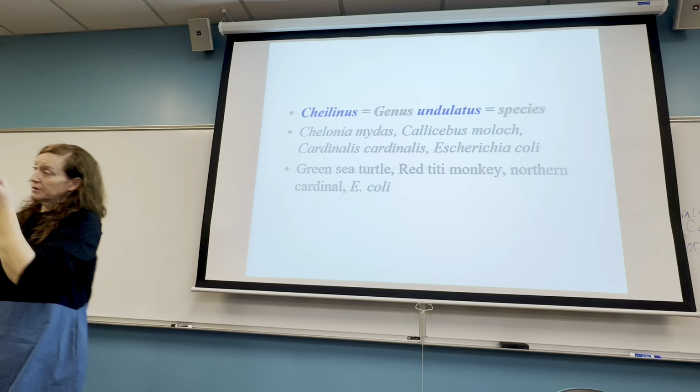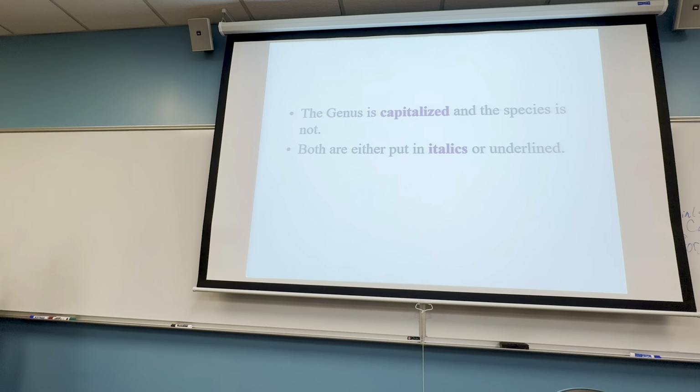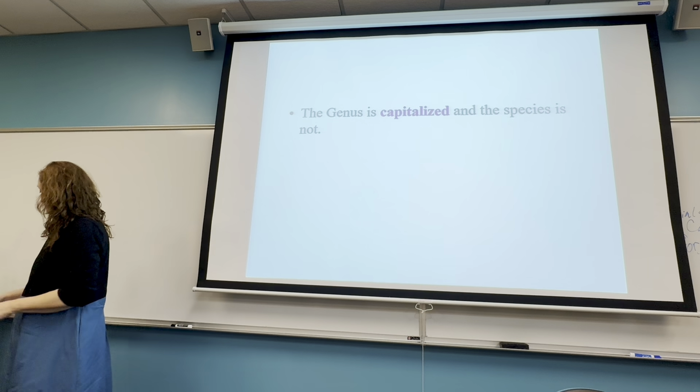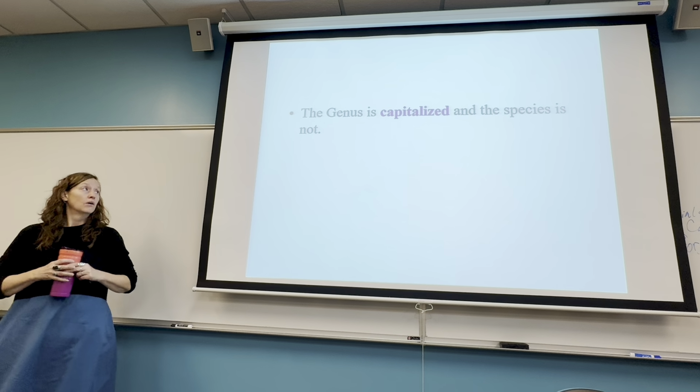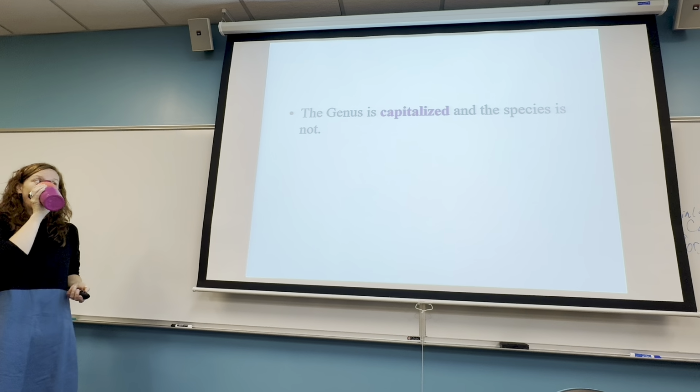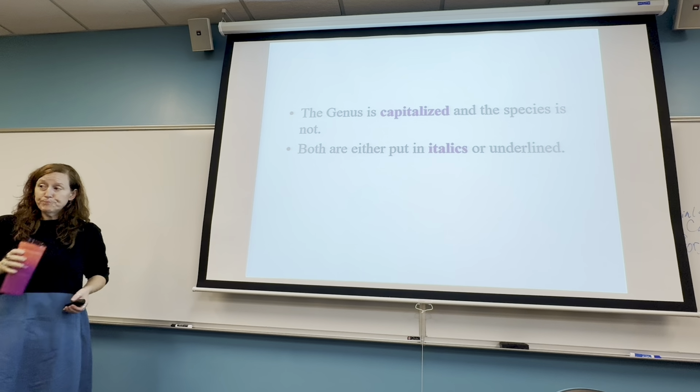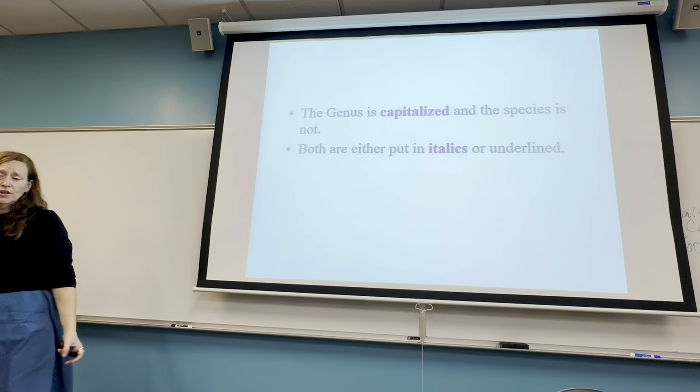So we just have a little bit of rules about how we write these names. So again, the genus name is always capitalized and the species name is in lowercase. If you're typing, you put it in italics.